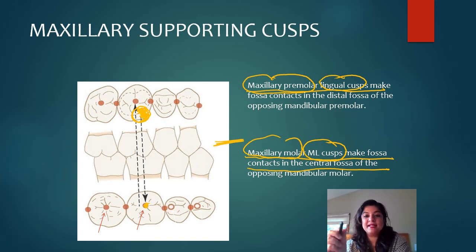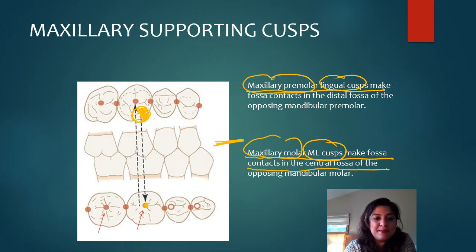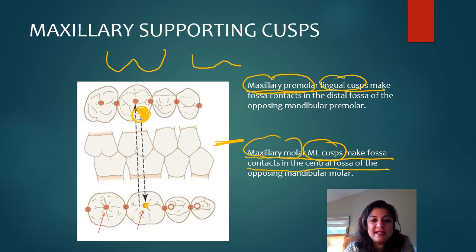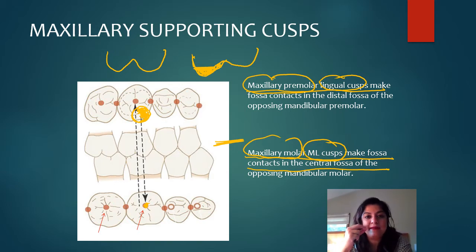Because say, for example, if the cusp is like this, and when you're restoring the tooth, you make it flat like this, okay? Then this will not have any contact with the lower tooth. That's why you want to restore it back to its original cusp height, because only then will the patient say, I can feel like I'm chewing my food.